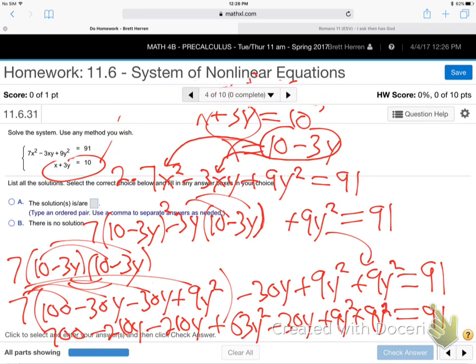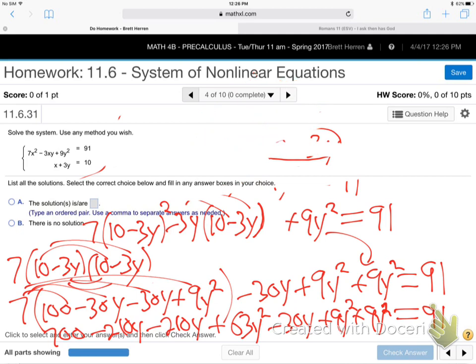Now I'm going to bring it up here and I'm going to gather like terms. Do you leave it equal to 91? No, we're going to make it 0 in a minute. Yeah, you know the game plan, right? It's basically gather like terms, get a 0 on the right side, factor. It's kind of where we're going, just like the last couple of problems.